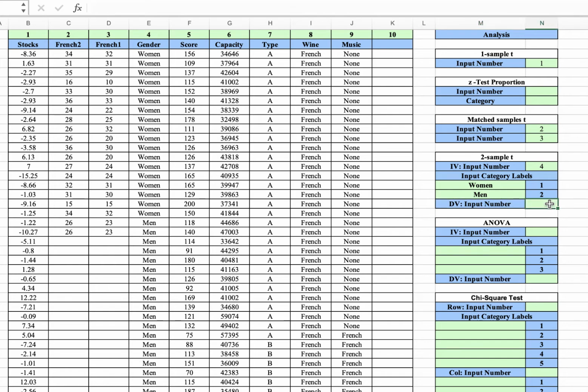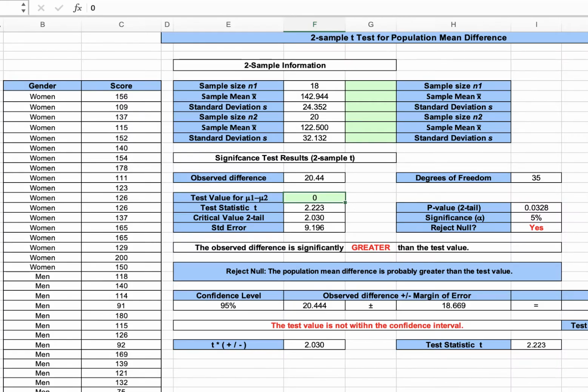So we're grouping the score, variable 5, into two categories, men and women. Our 2-sample t-test will take those data and group them and obtain what we call our observed difference.